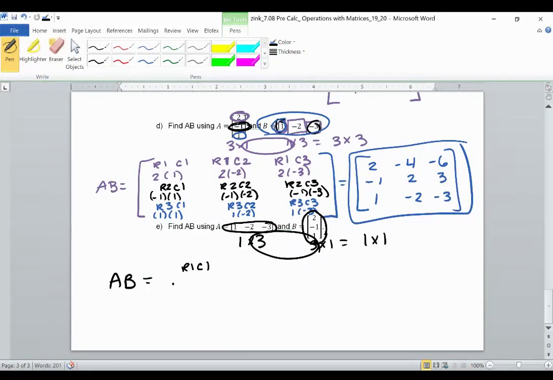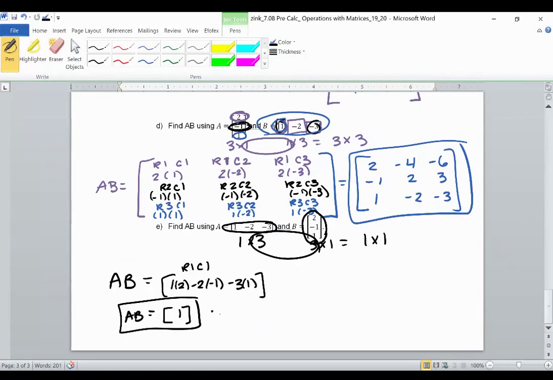So it's going to be 1 times 2 minus 2 times negative 1 minus 3 times 1. Add those all together. 2 plus 2 minus 3, so that's 4 minus 3, gives us 1. So AB is equal to 1. Again, check it in your calculator.